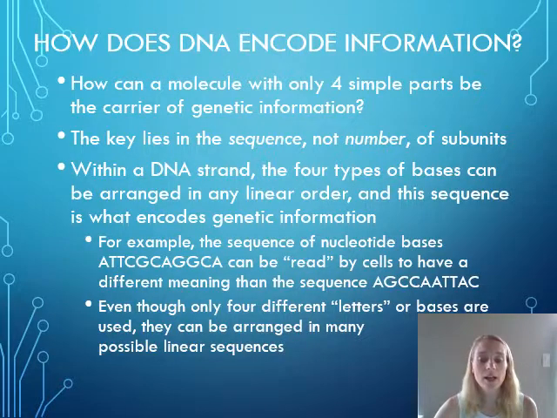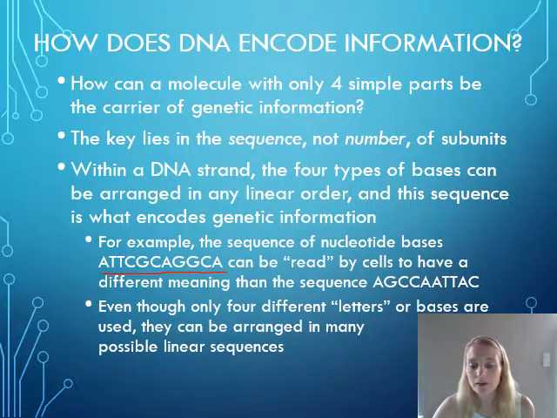So for example, I have written this particular sequence, A, T, T, C, G, C, A, G, G, C, A. It's just a random combination. I don't even know if that means anything. But if it did, the cell would read that completely different than this one down here, A, G, C, C, A, A, T, T, A, C. You have a 4-letter alphabet.